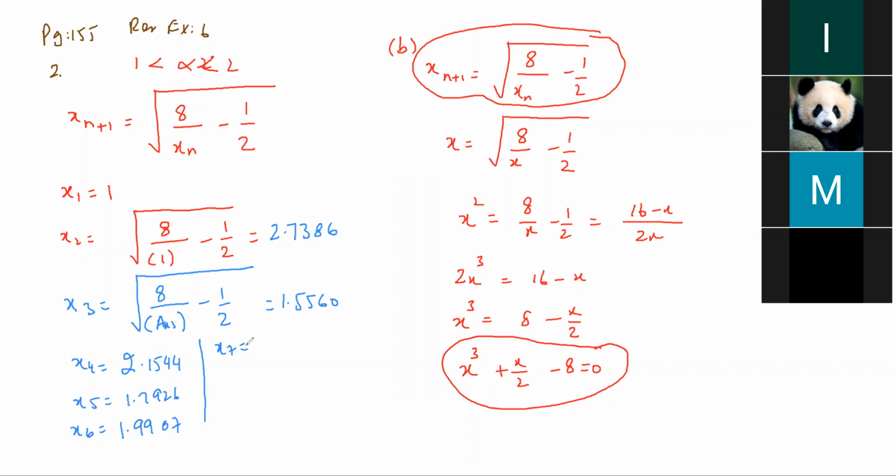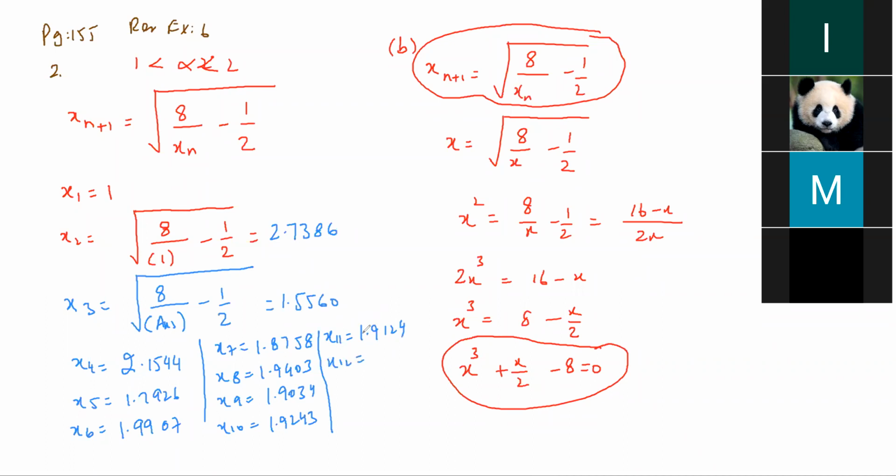Just pressing the equal button here. 1.8758, 1.9403, 1.9034, 1.9243, 1.9124. Oh, it's a bad question.